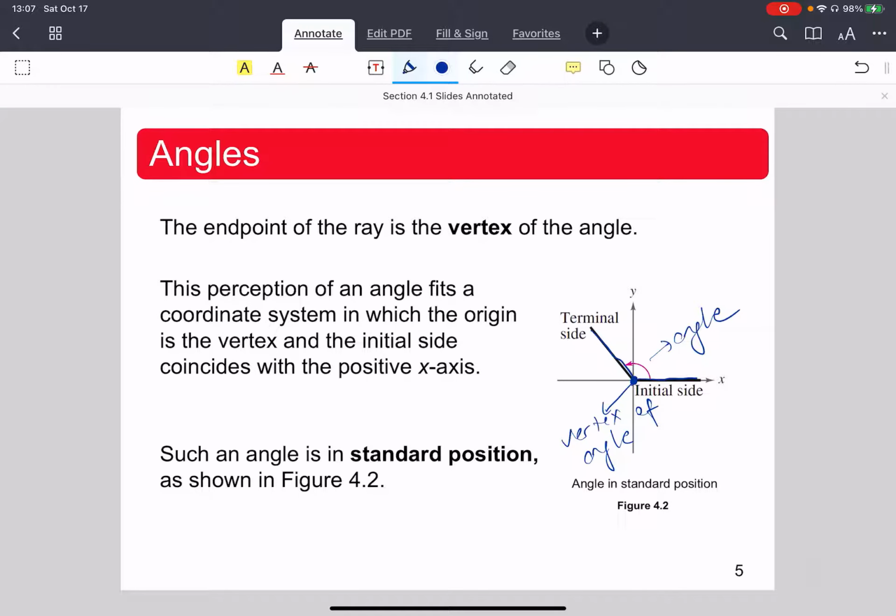Using this perception is what we call using angles in standard position. We're pretty familiar with this coordinate system because we've seen it before. It's a two-dimensional coordinate system where you have x and y, two variables represented on a coordinate plane.